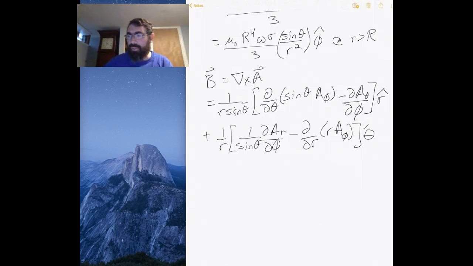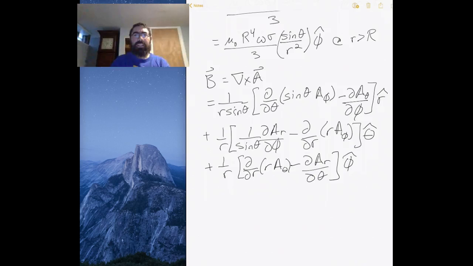So that's the theta direction, plus 1 over r, d dr of r A theta component, minus d of A, the r component, the derivative with respect to theta, and that's in the phi direction.